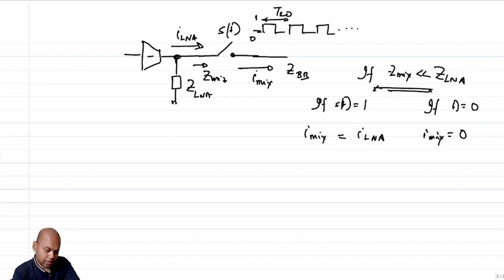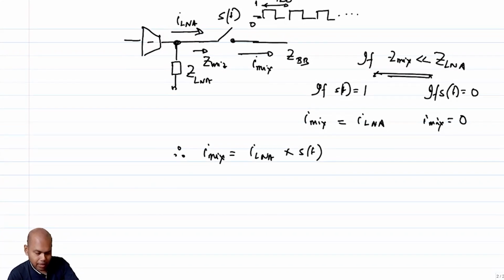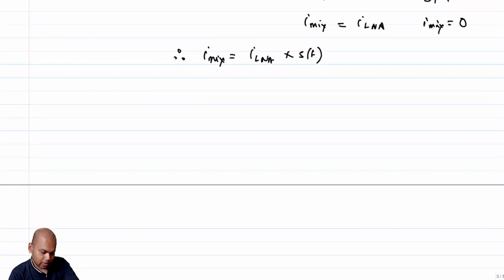So the current that is flowing, that is I_mix, is nothing but I_LNA times S(t). Therefore I_mix is I_LNA times S(t). Hence we have a mixing operation. But now we have to be careful, because S(t) not only has a component at F_LO, it has many other components also. So let's see what potential issues can arise.